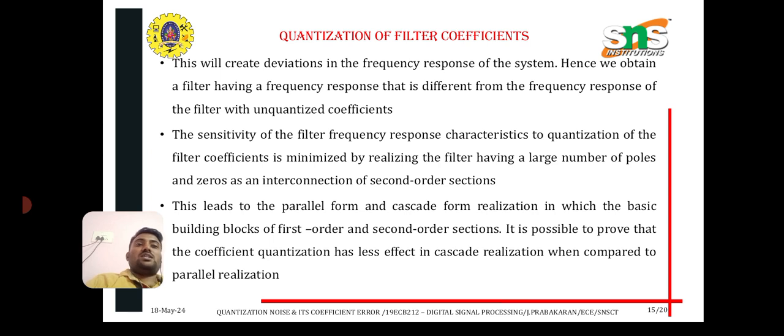When the coefficients are represented using a finite number of bits, the exact value must be approximated. The approximation introduces errors. The process of converting the precise coefficient values to their quantized version typically involves rounding or truncation, both of which can introduce error.